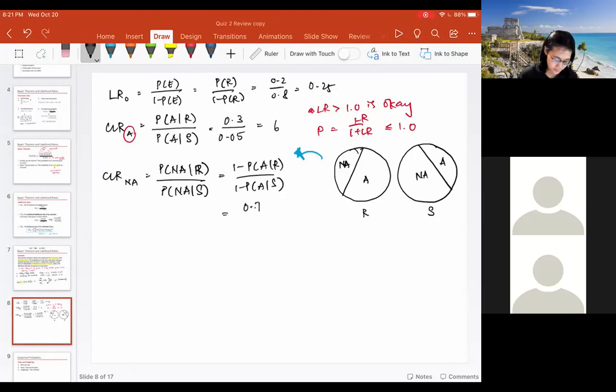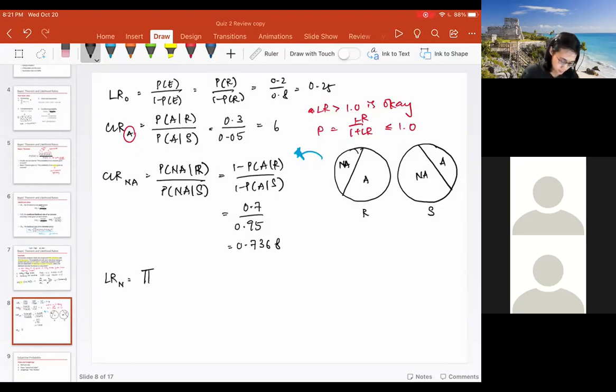This is just 0.7 over 0.95. And that is just 0.736, right? And then after that, you just plug it all in. LR of the event given these two outcomes.